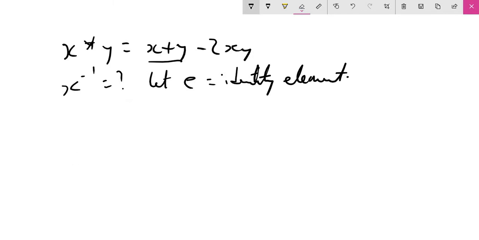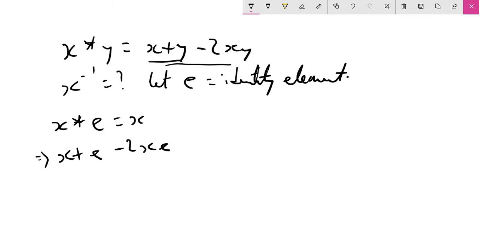So first of all, x star the identity element must be equal to x. So this implies x plus e minus 2xe must be equal to x. I'm basically applying the operation. So we make e the subject from here.